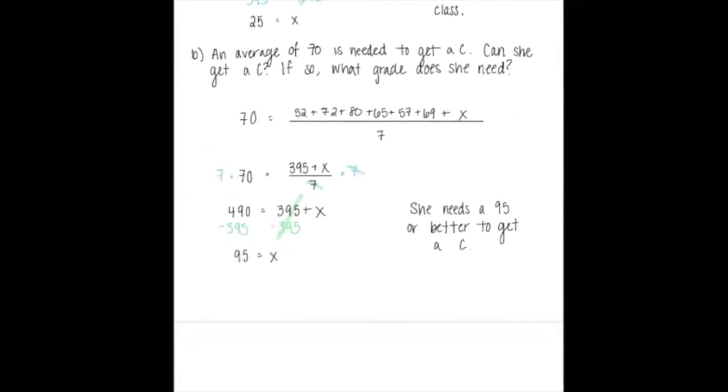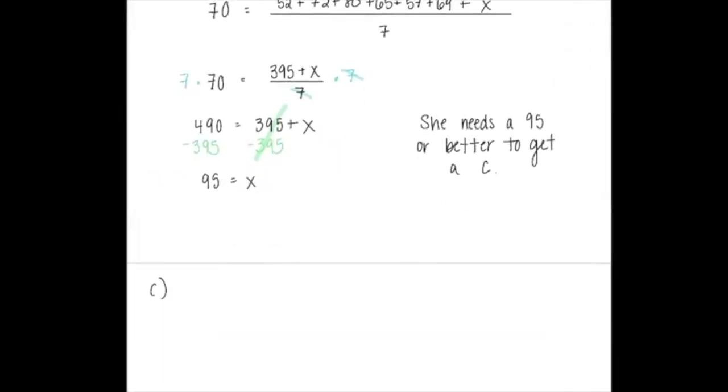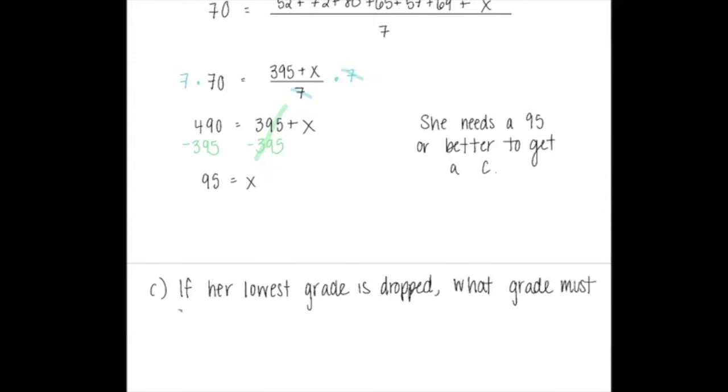But now let's add in an extra caveat. Maybe you get a drop test like we do in this class. If her lowest grade is dropped, what grade must she get on her last exam to get a C?